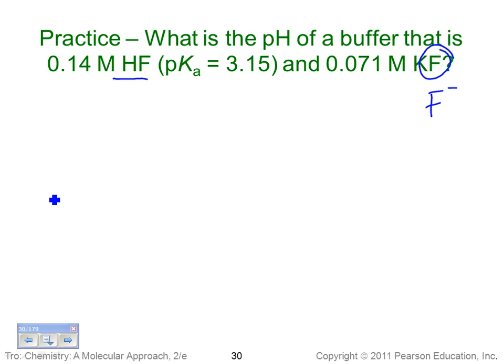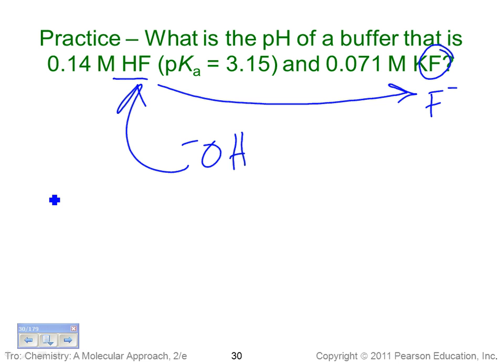The way that it does this is that any base added to this mixture is going to react with the acid form, changing it into the other component that's part of this mixture already. Le Chatelier's principle says there's going to be some shifting in the equilibrium, but when it comes back to equilibrium, it's going to get back pretty close to where it was in the first place.